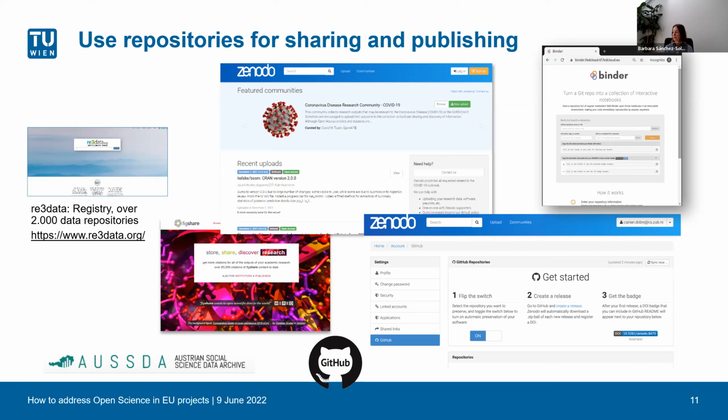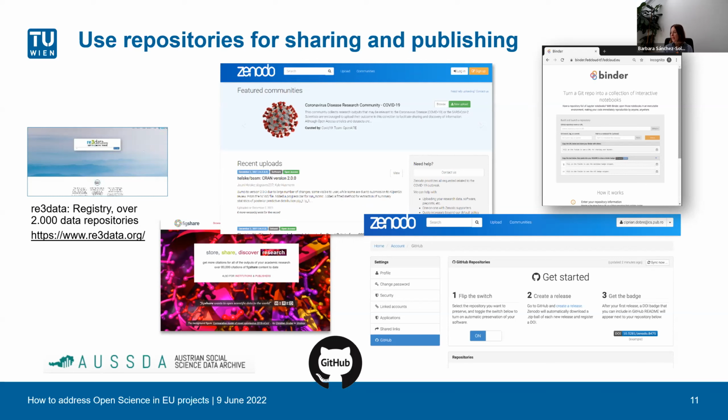Zenodo has got an example. So they have got a special service, which is called GitHub integration. This means with a few steps, you can also get a DOI for code if you want, and you can integrate your Git repository in Zenodo so that with one click, you get directly to the repository.